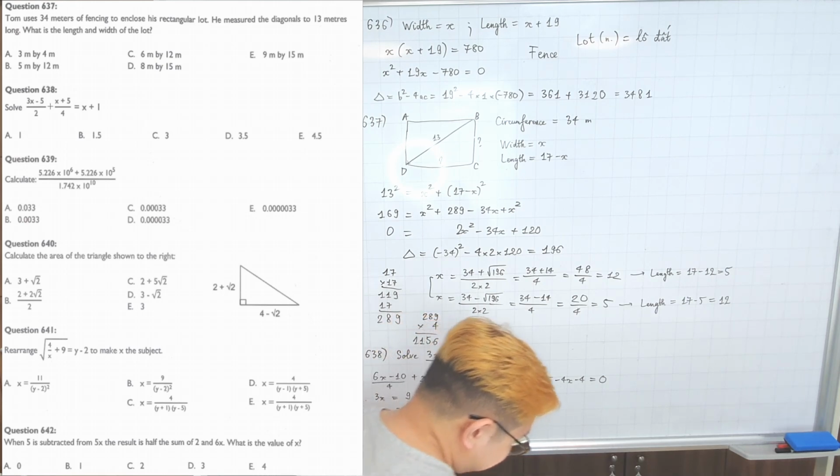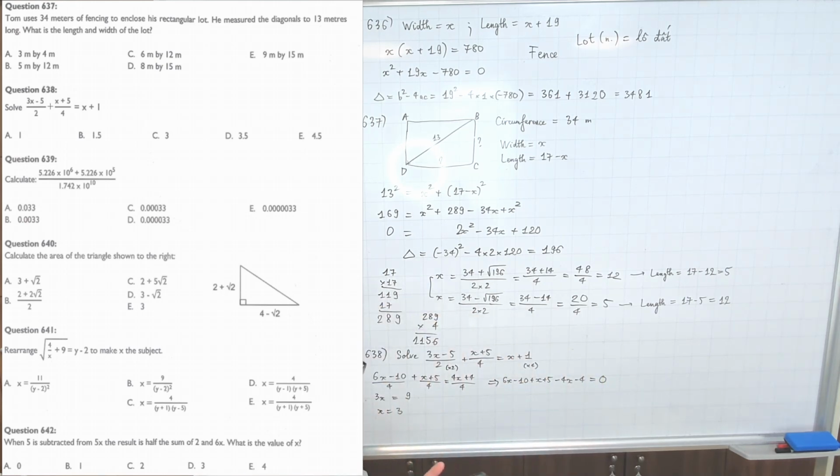Ooh la la. We have 639. Whoa. What is this? This one has a trick. Look at the numbers, these are related somehow.